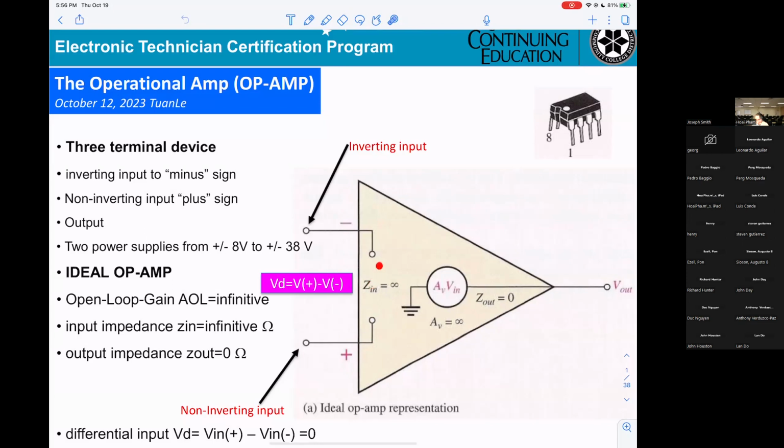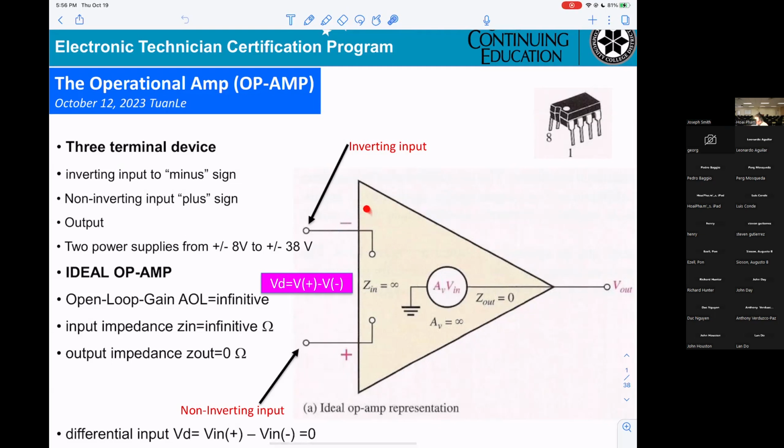The input impedance is very big, so current cannot go through the op-amp. The op-amp takes the gain times the input and gives you the output. And at the output you also get a resistance, what they call output impedance, but they want that to be 0, so you can get more current out.